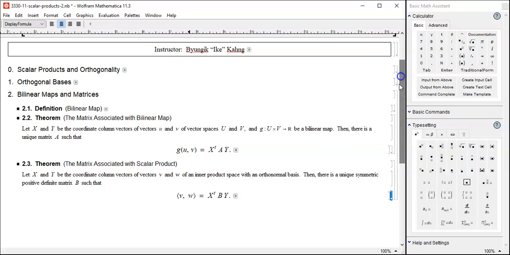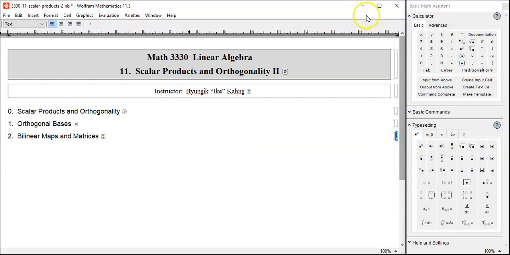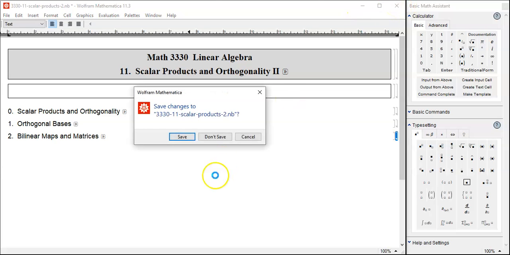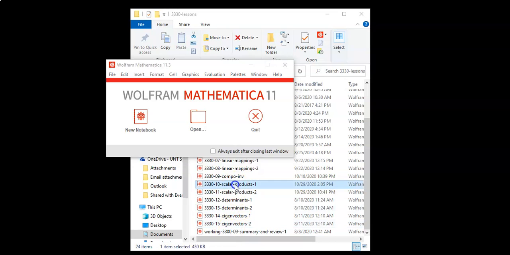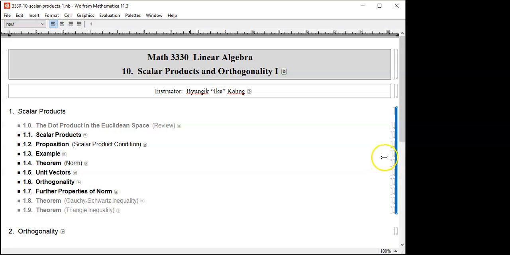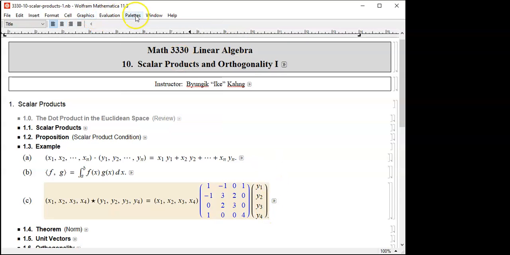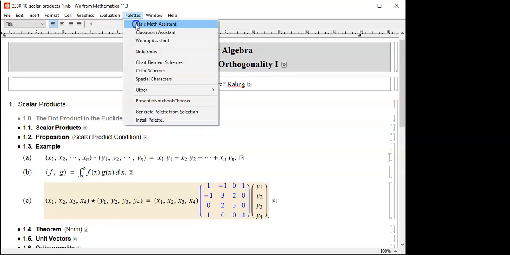Now let's go back to our Module 10 notebook. Yeah, I'm done with this. Module 10 notebook, and please allow me to remind you of an example of a scalar product here.